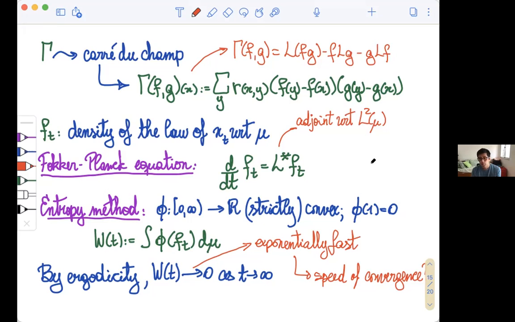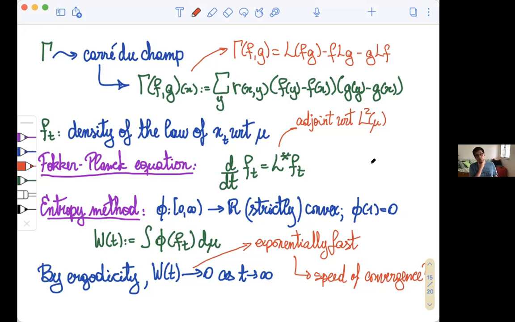So it's the adjoint operator in the sense of inner products with respect to mu. And since mu is the invariant measure, this operator L star is also a Markovian operator. It is actually the generator of the adjoint dynamics of xt.